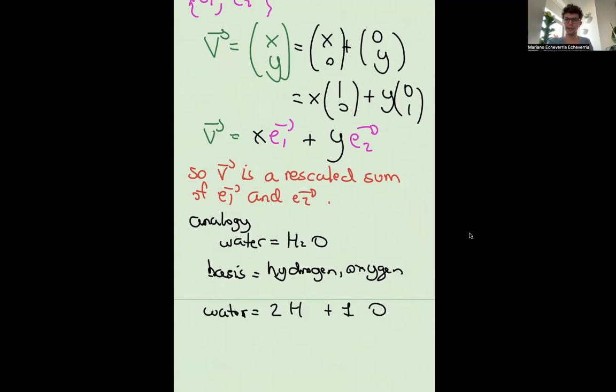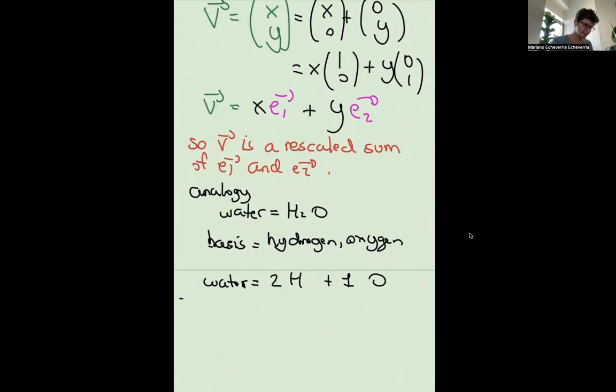So a basis is basically the idea of being able to describe any vector in terms of two elementary vectors. Okay. Is that making sense? So that's one case. That's the most basic case.